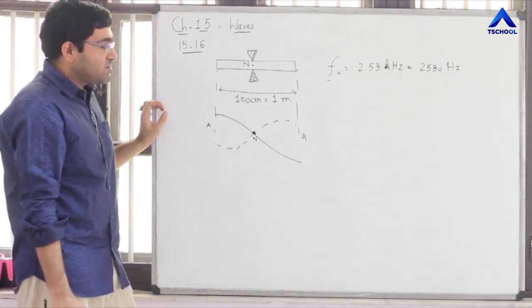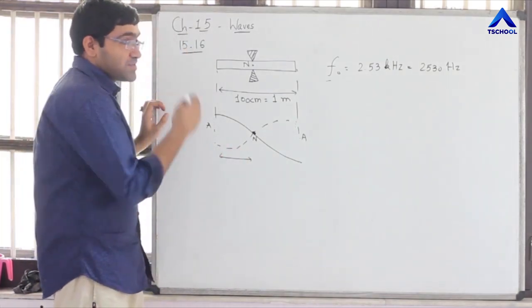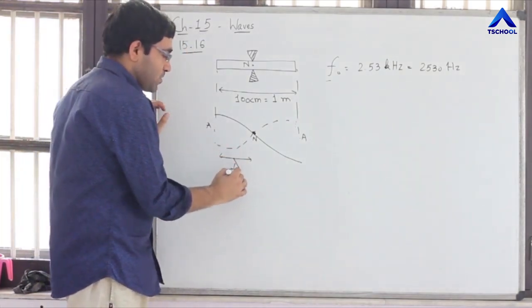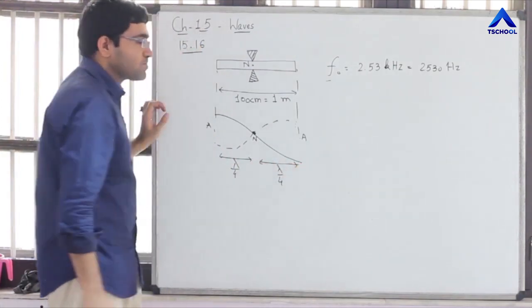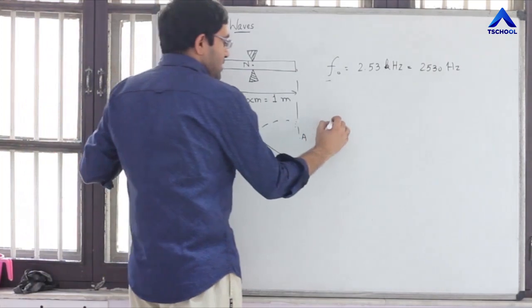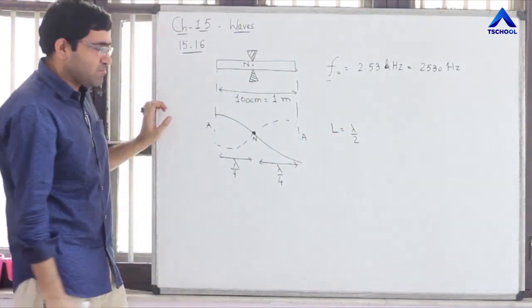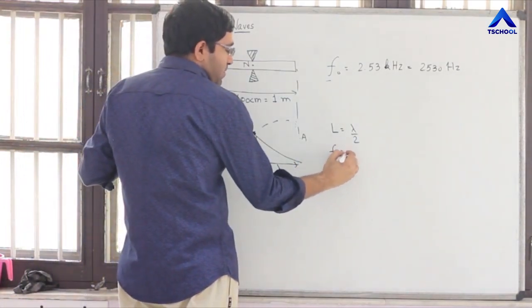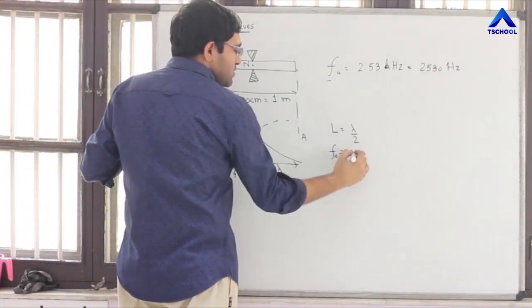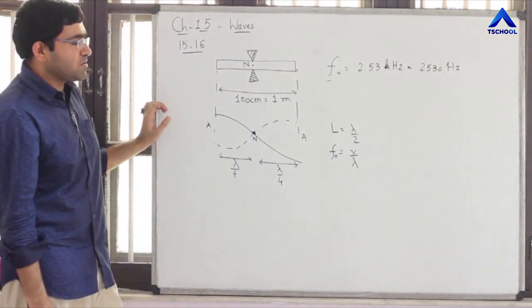So what we have is that this distance, as we have seen earlier, it's half of a loop, is lambda by 4, and this distance again is lambda by 4. So that gives us that the whole length of the rod L is lambda by 4 plus lambda by 4, that is lambda by 2, and ultimately we can find out the speed of the sound in this rod easily by using this formula.